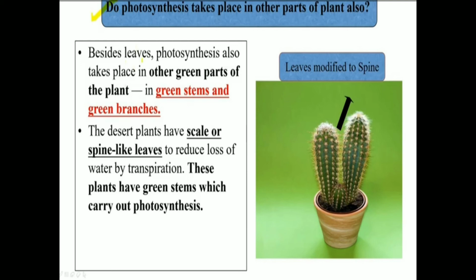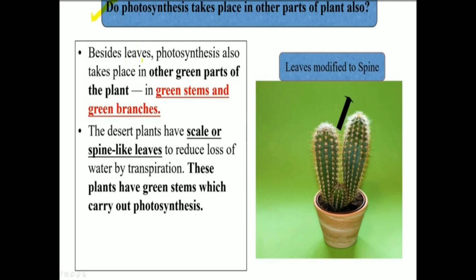It particularly happens in desert plants, in which leaves are modified into scales or spine-like structures to reduce loss of water by transpiration. So in these plants photosynthesis takes place through the green stem.